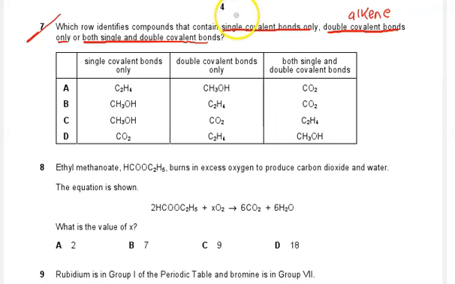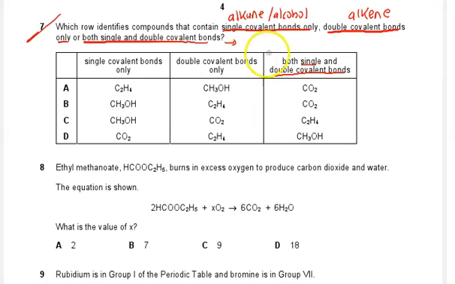This one should be either alkane or alcohol. For this one, the only choice we have is the acid. Here we don't have acid, so we can choose both single and double covalent bond.